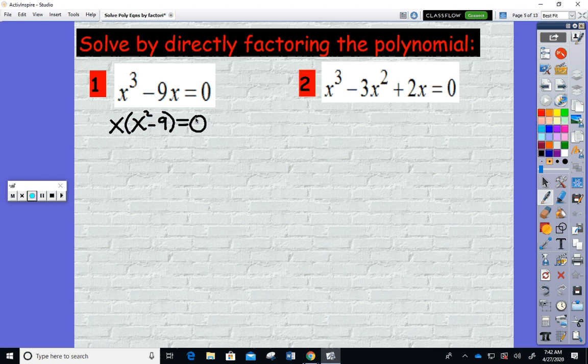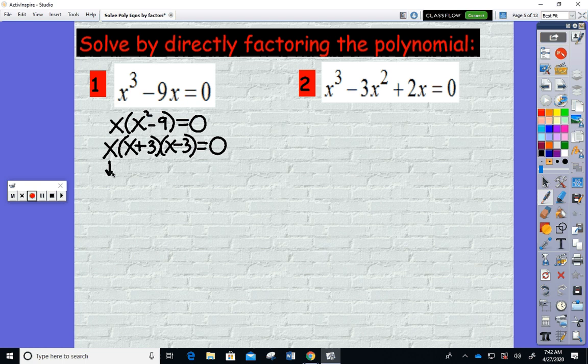Well, if I've got two terms, the first thing I need to do is go, wait, is that a difference of squares? If that doesn't work, I need to also say, well, is it a sum or a difference of perfect cubes? Well, it's a difference of squares, so I'm going to factor it like it's a difference of perfect squares. Remember, difference of perfect squares is my favorite factoring. I've got it completely factored. All of my factors are understood to be to the first power, so I'm only going to get single roots.